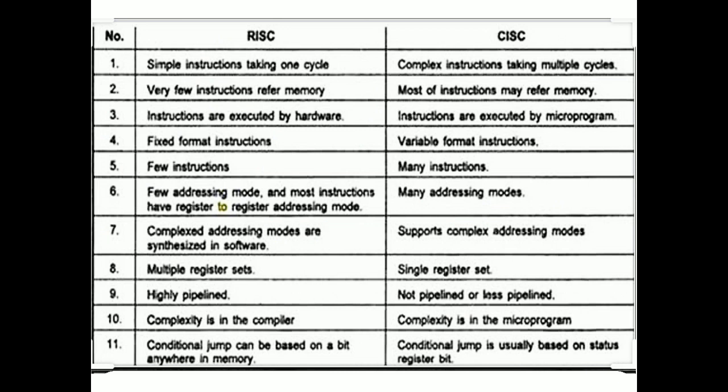To execute each instruction, if there is a separate electronic circuitry in the control unit which produces all the necessary signals, this approach of the design of the control section of the processor is called RISC design. It is the hardware approach. It is also called hardwired approach.